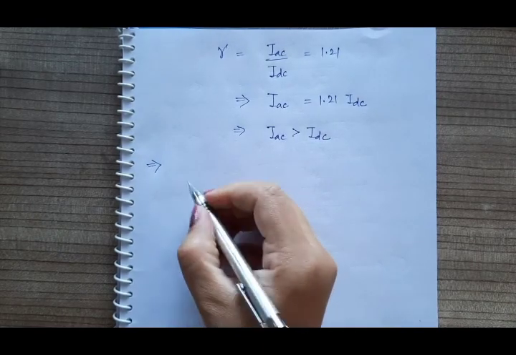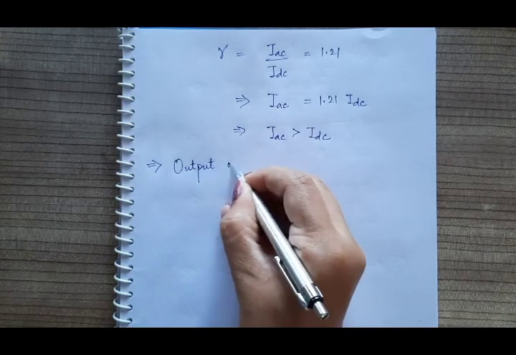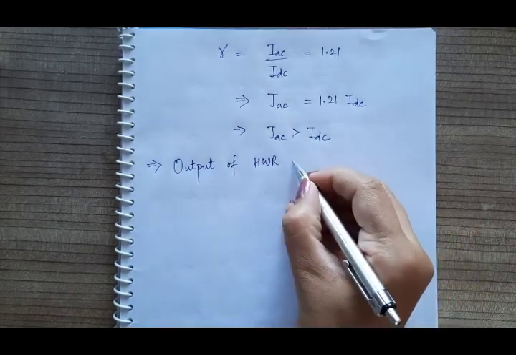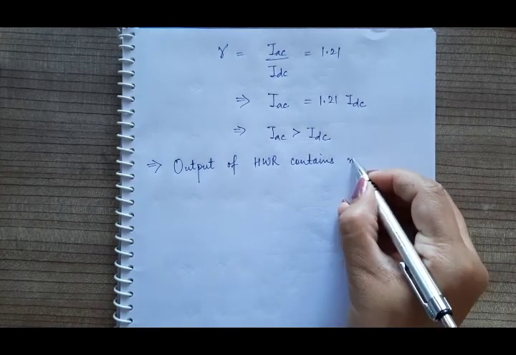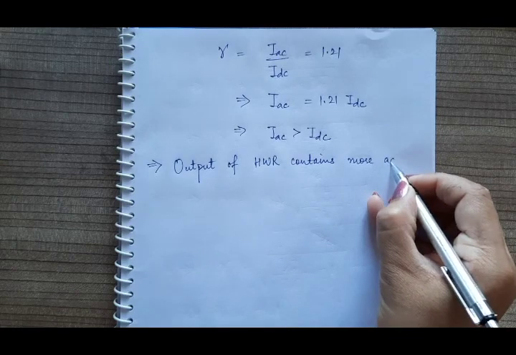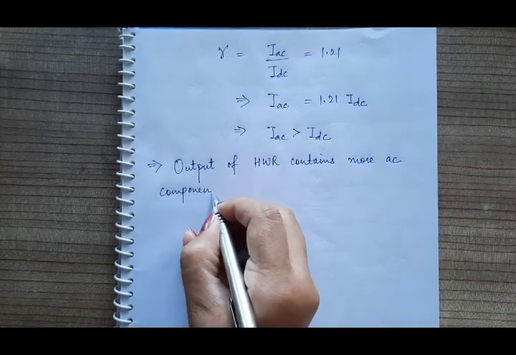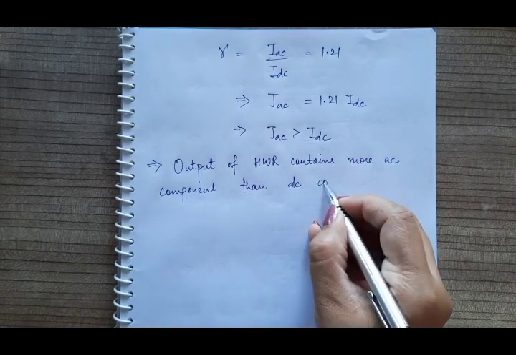So this implies the output of half wave rectifier contains more AC component than DC component.